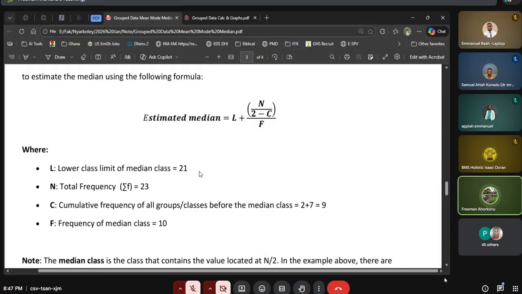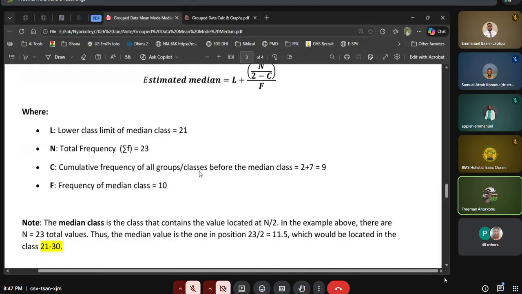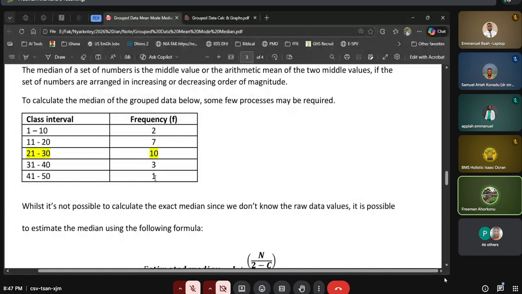Now, how do we get the median class? For the median class, you are going to add all the frequencies. 2 plus 7 gives you 9, plus 10 is 19, plus 3 is 22, plus 1, and that is 23. And divide by 2.